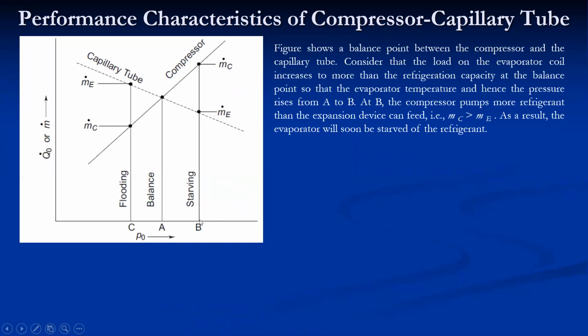Now at this particular point B, if we draw a vertical line, it intersects the capillary tube characteristic curve at M_E, and the compressor characteristic at M_C. What does it indicate? At this new operating point B, the compressor draws more refrigerant out of the evaporator than the capillary tube can feed into the evaporator.